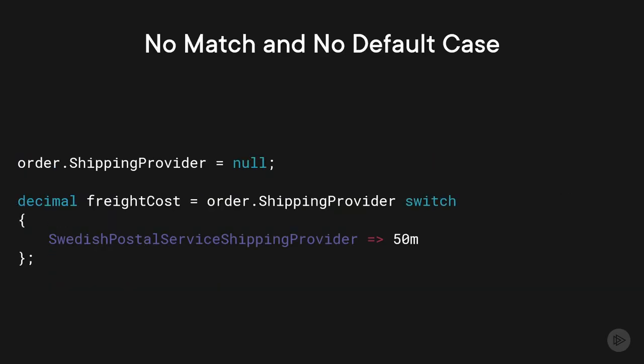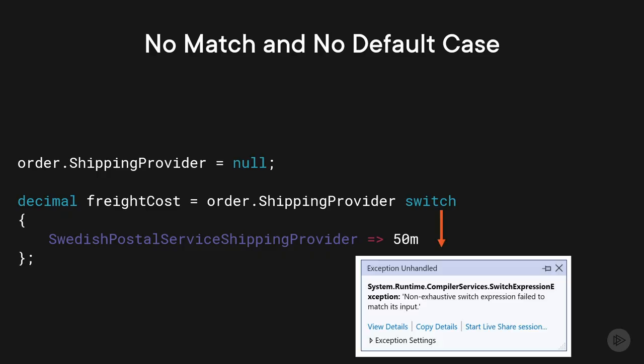If you forget to add a default case using the discard, and the switch expression does not define a pattern that matches the object, you will end up getting a switch expression exception saying that non-exhaustive switch expression failed to match its input. You may want to produce an exception on your own if that's the case, but at least you intentionally handled that case.